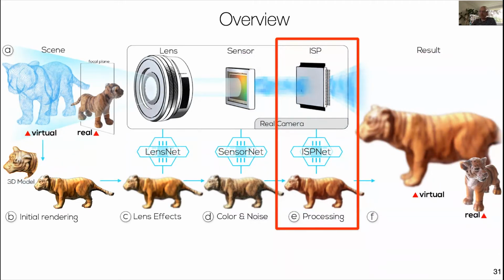What is important to say here is that the sensor model we were learning on raw images, not JPEG, the raw images being the result of that sensor.